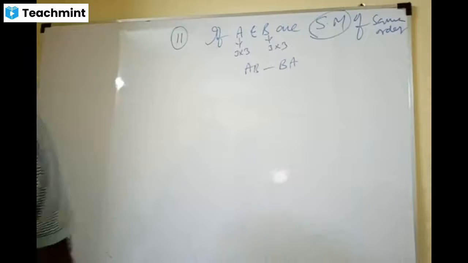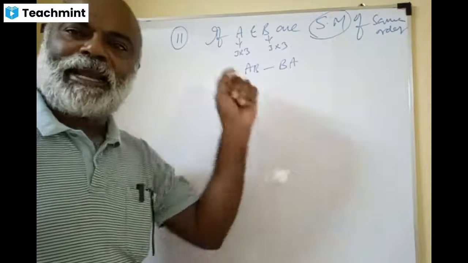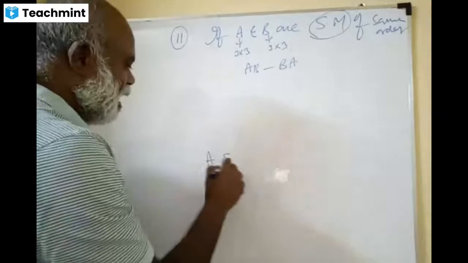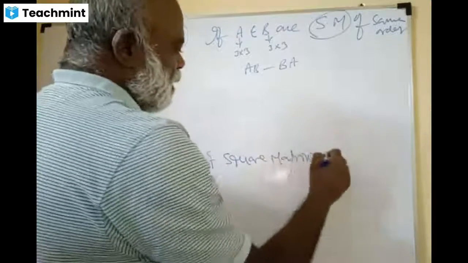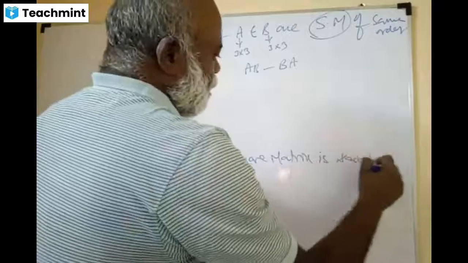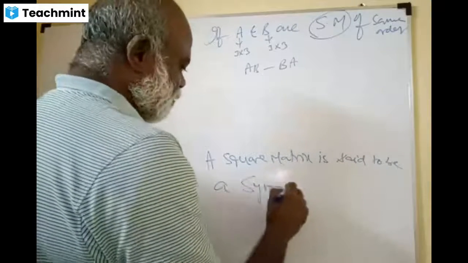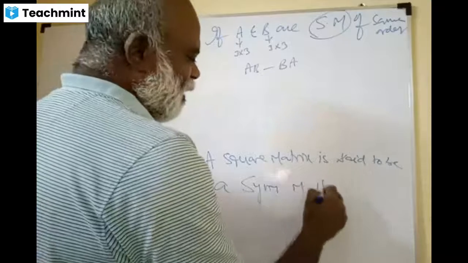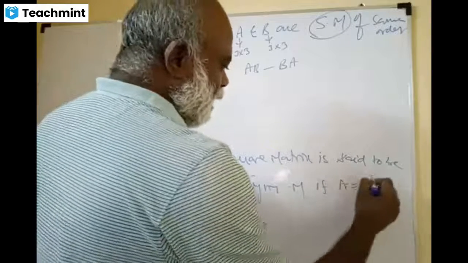I already told you, a square matrix is said to be a symmetric matrix if and only if A equals A transpose.